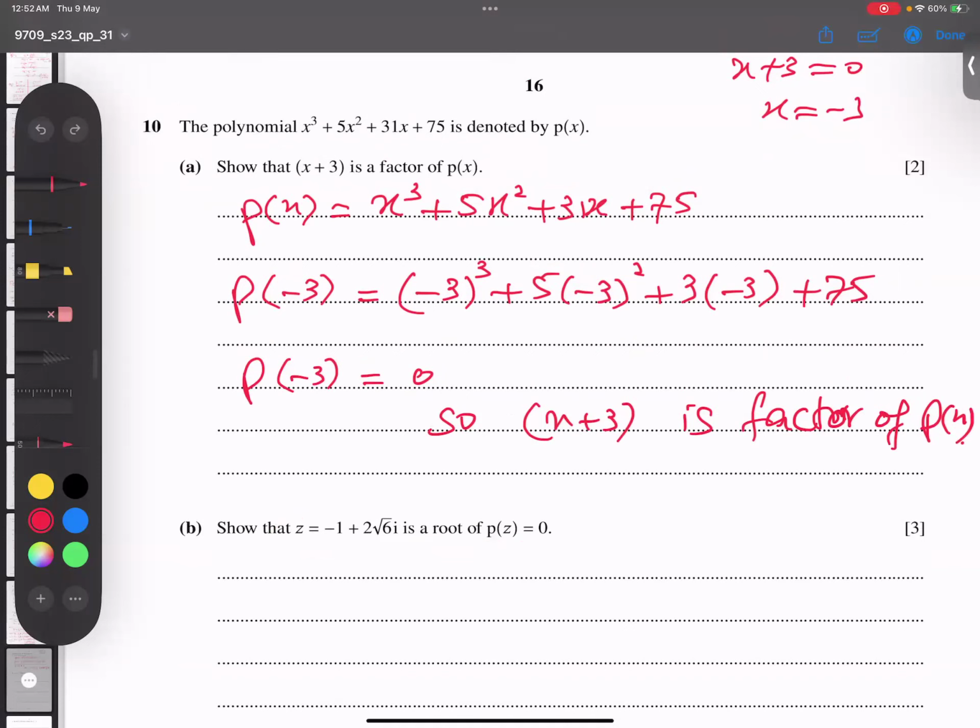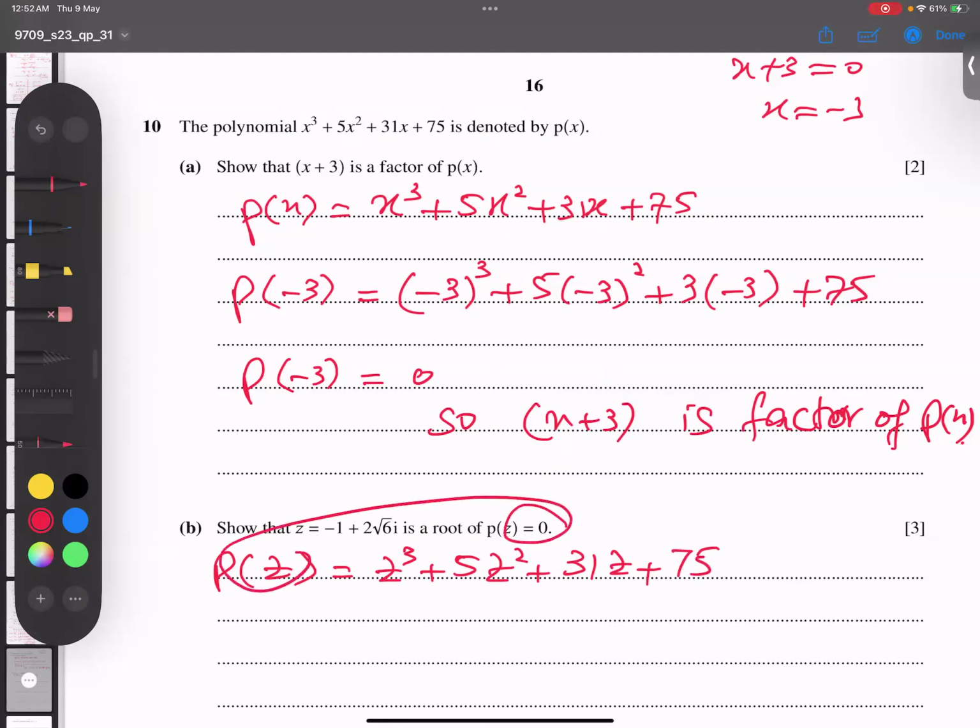Okay. How to do it? Root of this. So first of all, P of Z, look at here, this P of X. When I say P of Z, P of Z becomes what? Everywhere I put Z. He said 0, so I will replace the left-hand side by 0.